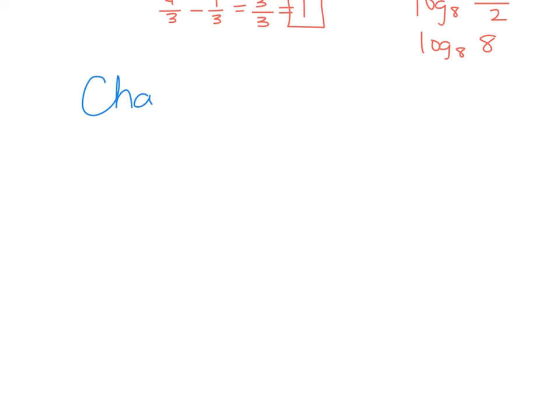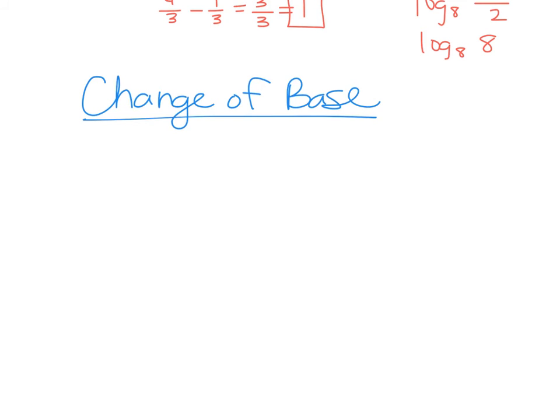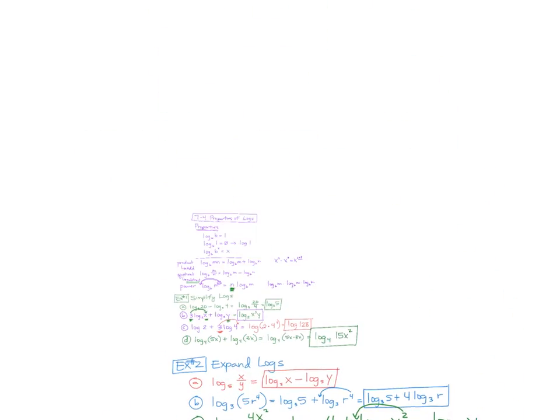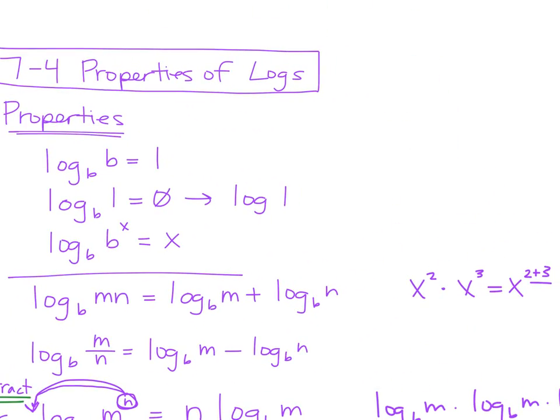This one is dealing with a change of base. Okay. And here's the property. So for any positive... did I write that at the beginning? I didn't. Sorry. I'm going to go back to the very beginning real quick and just tell you this.